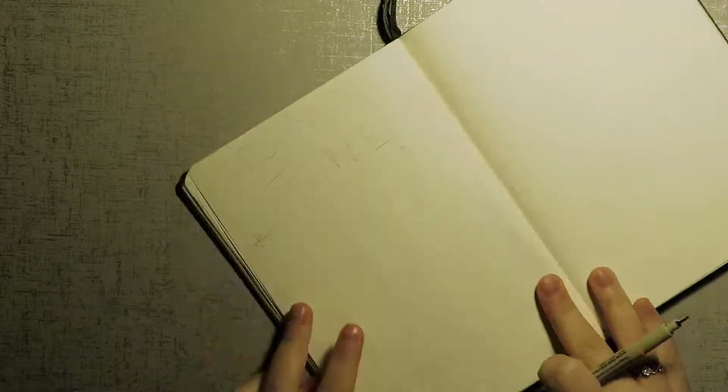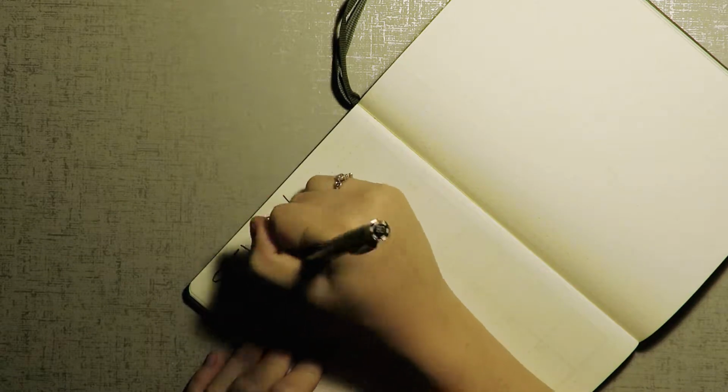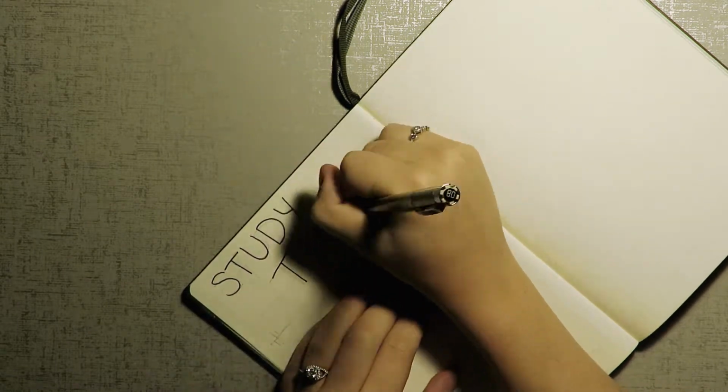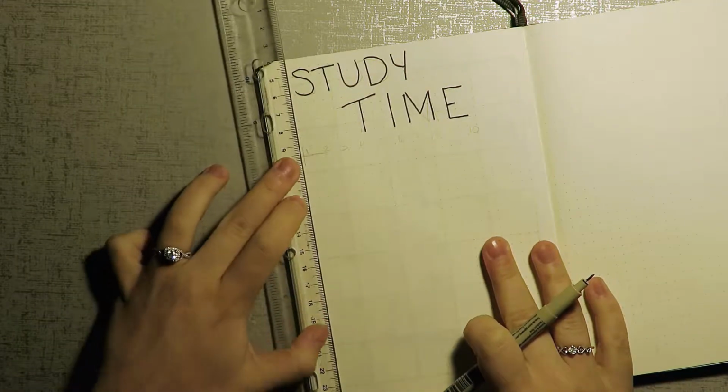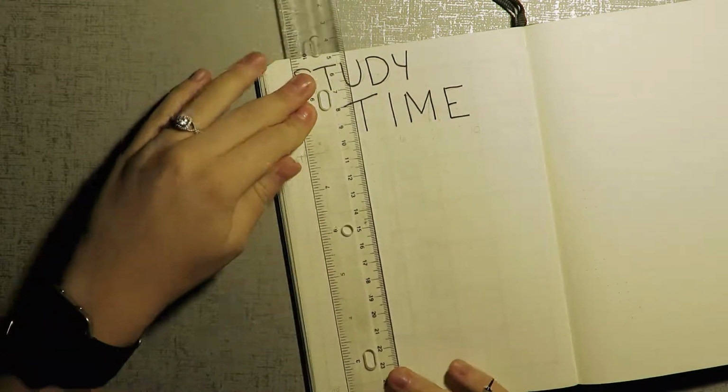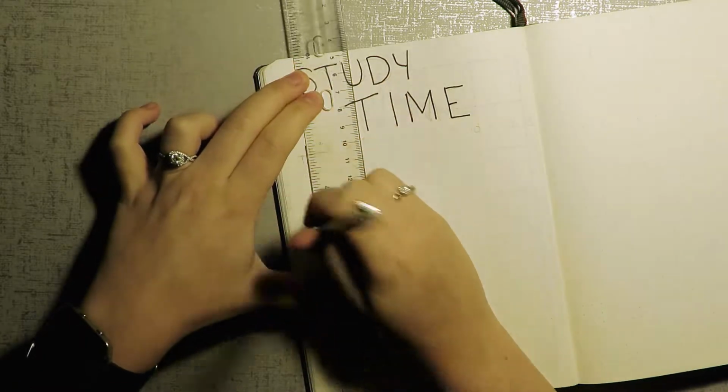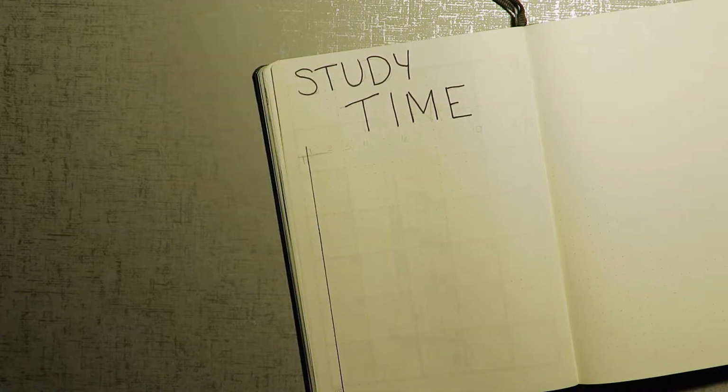The next spread is a study time log. This is something new I'm trying, but I'm hoping that it will help me keep track of how much work I'm getting done and both motivate me and tell me if my time management is well spent or if it's not.